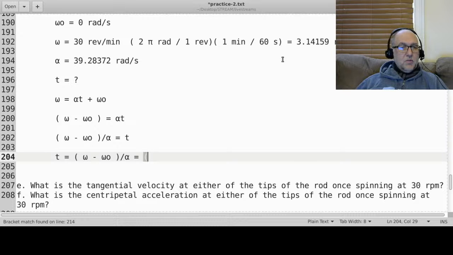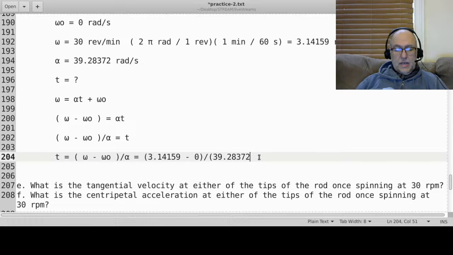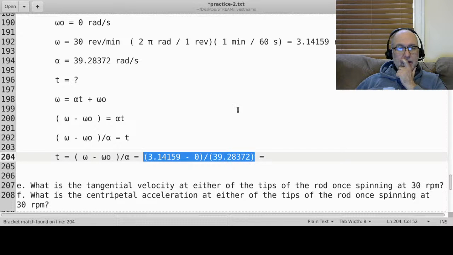Well, we spin up to an omega of that. Its initial omega was 0, divided by an alpha of that. Okay, and that's going to equal a fraction of a second, it looks like. Is it a tenth of a second?